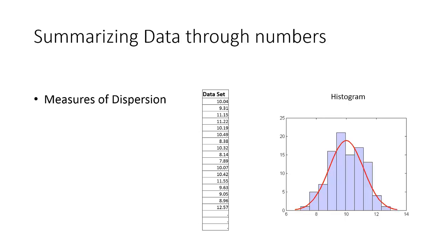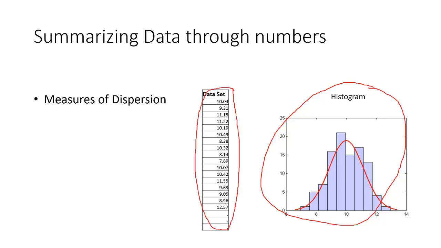All of these metrics don't in any way, shape or form need this histogram, right? They directly operate on this data set. And in some sense you might say, so why even talk about this histogram?